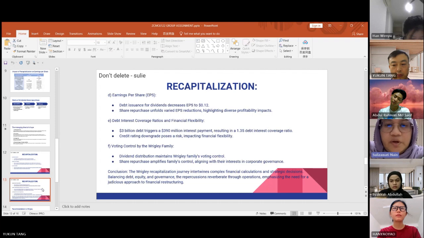So the credit rating will be downgraded from AAA to BB, which poses a risk and impacts financial feasibility for this company. So voting control by the WRIGLEY family, if they use the dividend distribution, they will maintain the WRIGLEY family voting control. For share repurchase also, the family still has control, aligned with their interest in corporate governance.